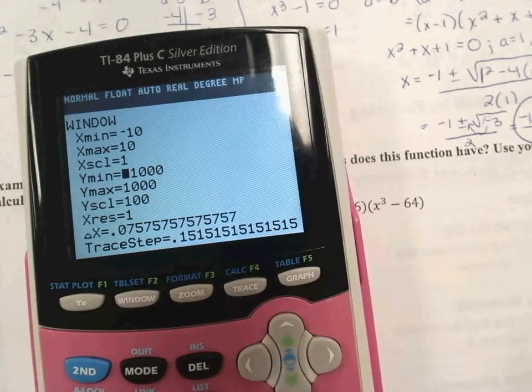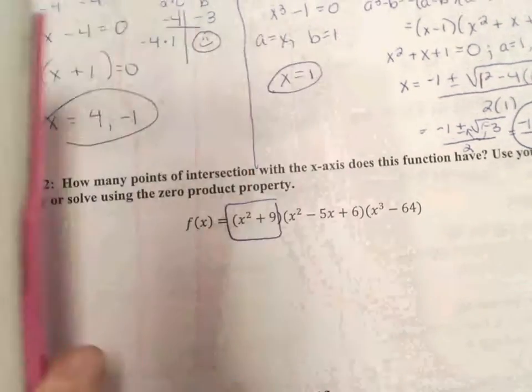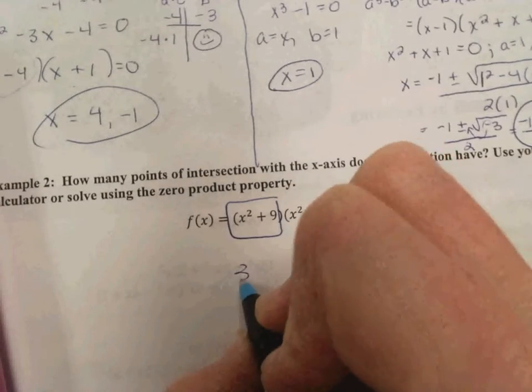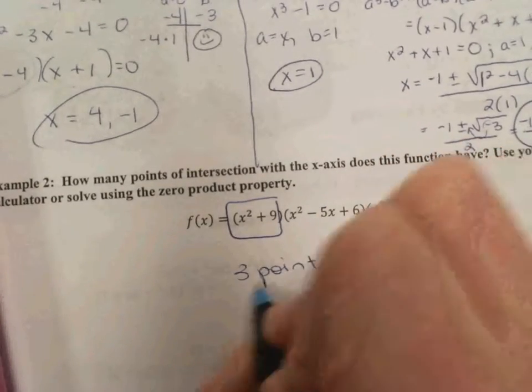What's your y minimum? Well, I'll look at yours in just a second, okay? So the answer to this is 3 points of intersection.